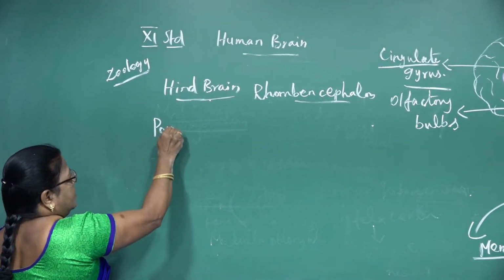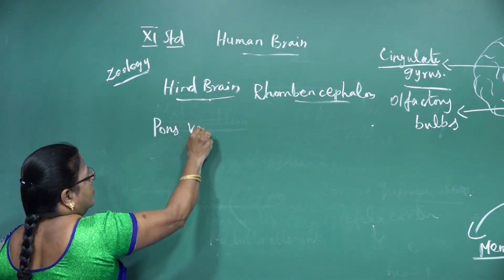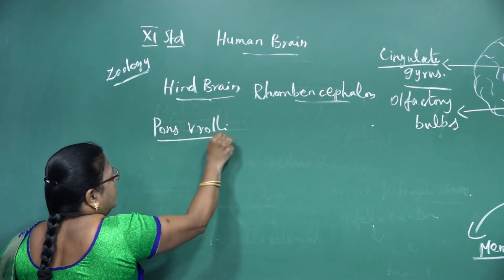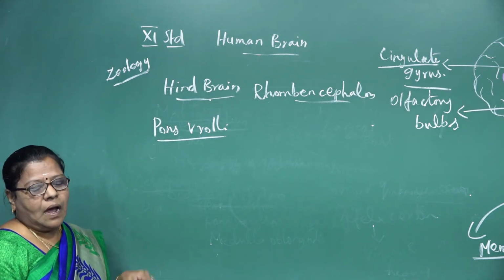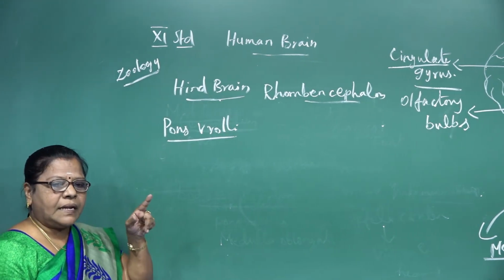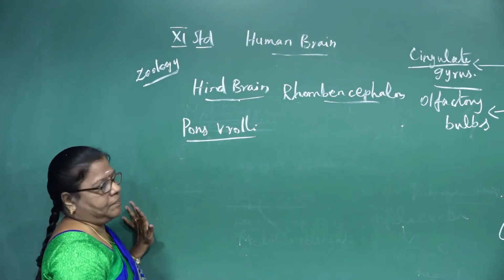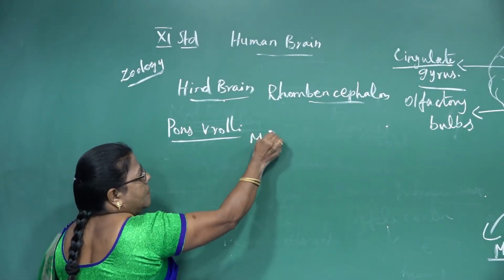Pons varoli. It is located in front of the cerebellum and between the midbrain and the medulla oblongata.